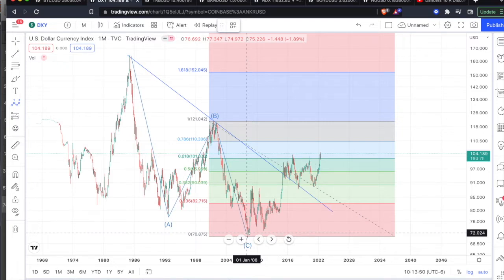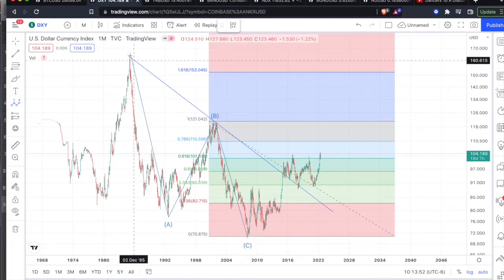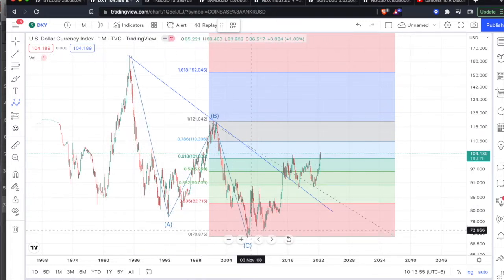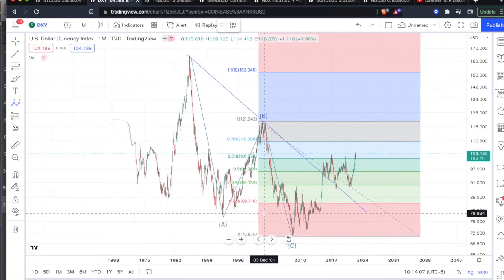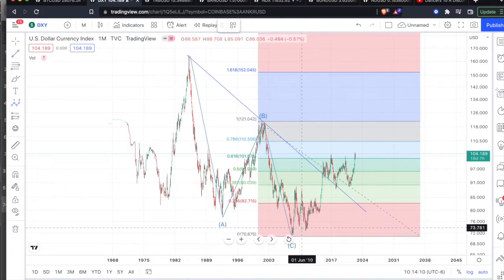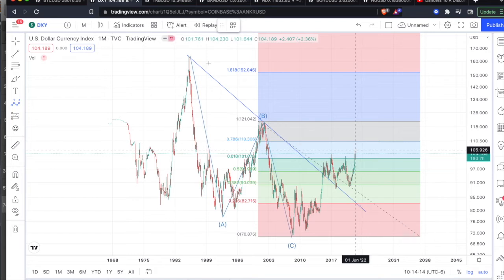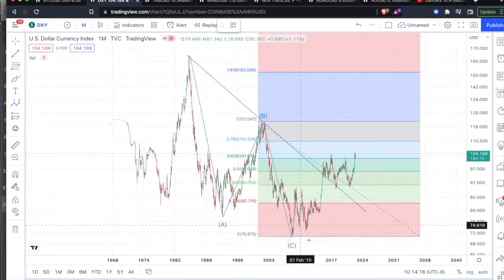Those go up and down, equal and opposites. So if I'm saying that this is an ABC correction in a 3-wave move, then I'm going to start looking at this in 5-wave moves instead of 3-wave moves. You see what I'm saying? And I can look at 3-wave moves going up, going down, doesn't matter, but I am choosing to look at this in a 5-wave move up because I'm seeing that this is a 3-wave move down, right?